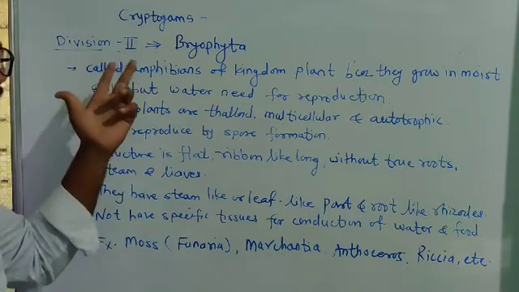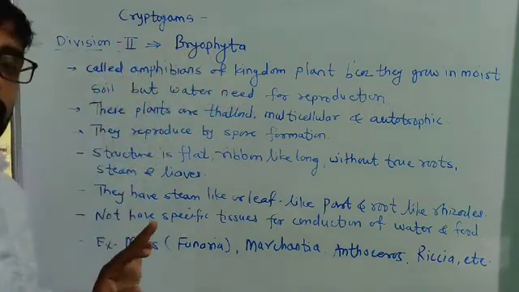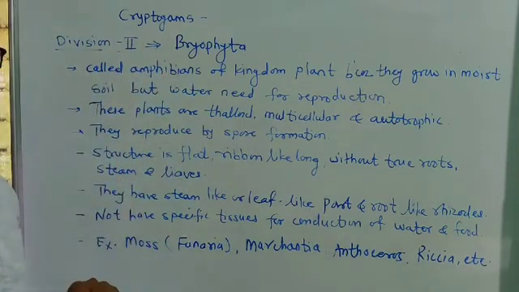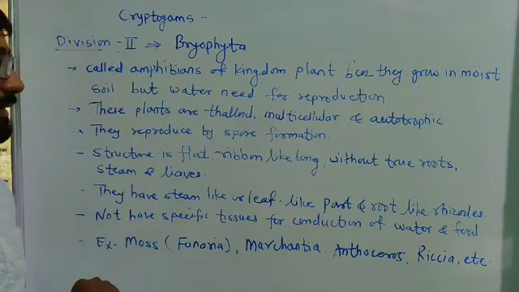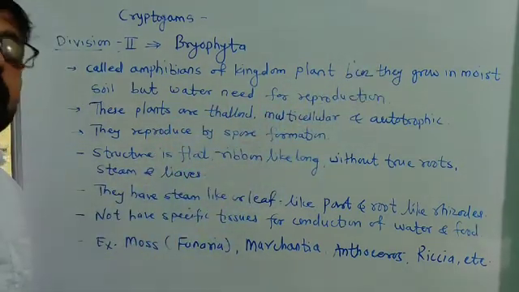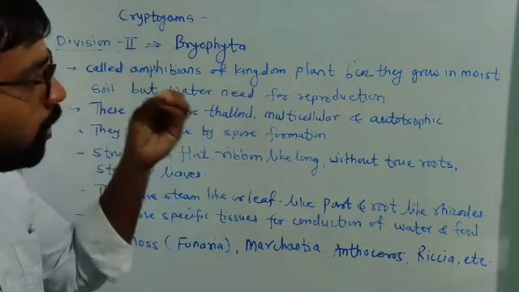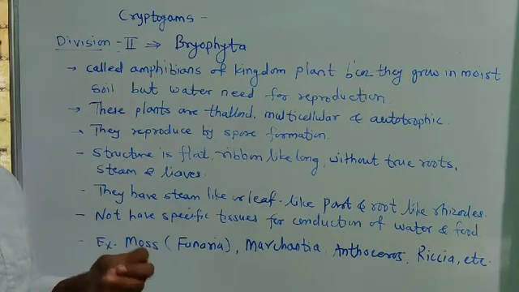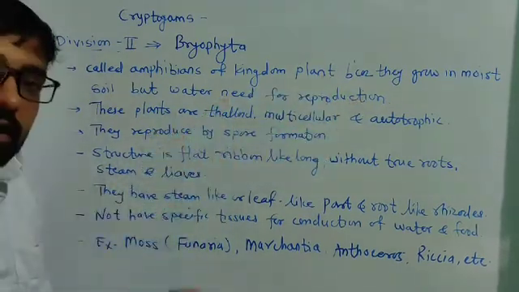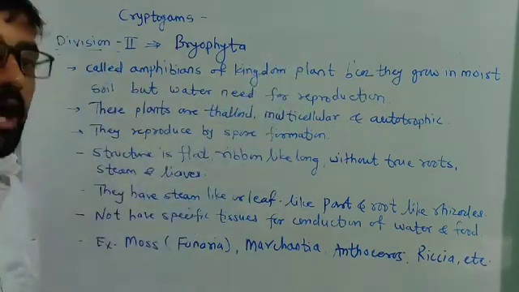Now in the case of plants, the plants which fall under division bryophyta have this special characteristic: they grow in moist soil, but they need water for their reproduction, meaning they need moist soil as well as water. That is why they are called amphibians of the plant kingdom.